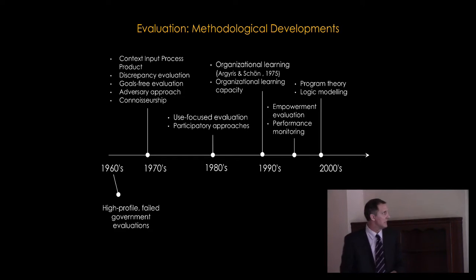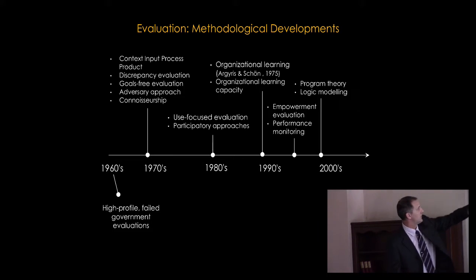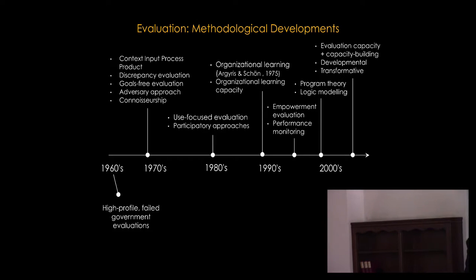And all of these developments, use-focused approaches, empowerment evaluation, program logic, theory modeling, evaluation capacity and capacity building, that's the one I'll focus on. All of these, to some extent, have been a reaction to these failed evaluations many, many years ago.